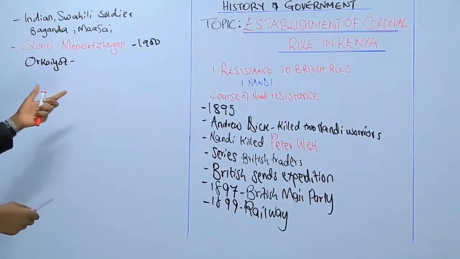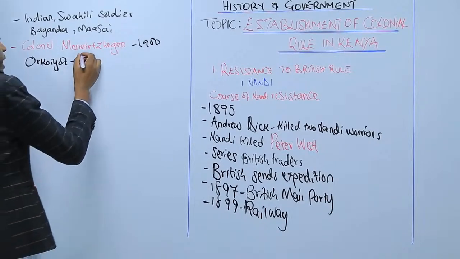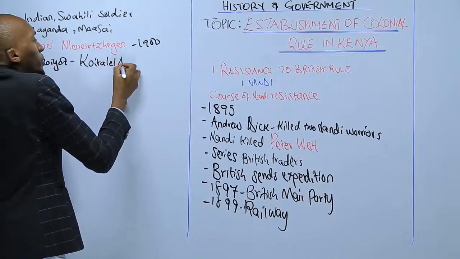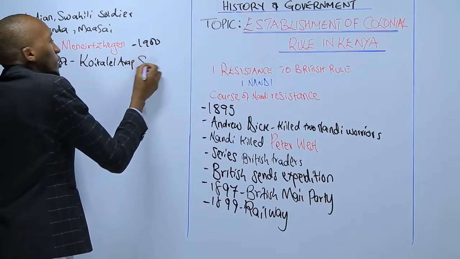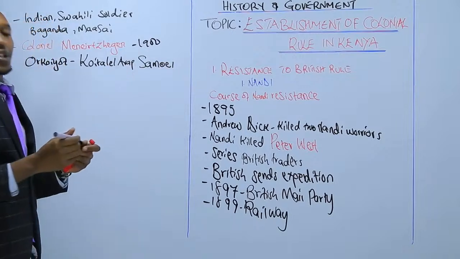So when he discovered the Orkoiyot at that time, who was known as Koitalel Arap Samoei, right? And Arap means the son of.